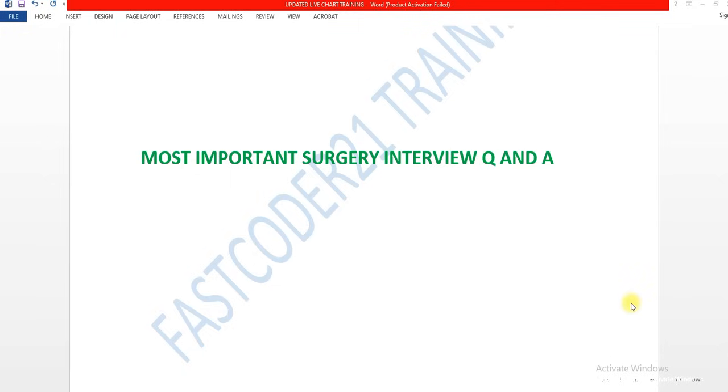So, what is breast reconstruction? After mastectomy, they will implant. Basically, after performing the breast mastectomy, the physician will close the defects for cosmetic appearance.